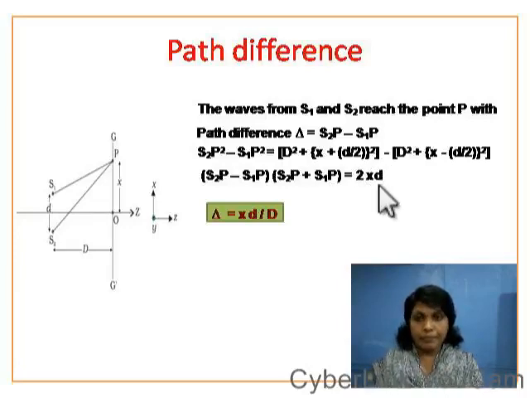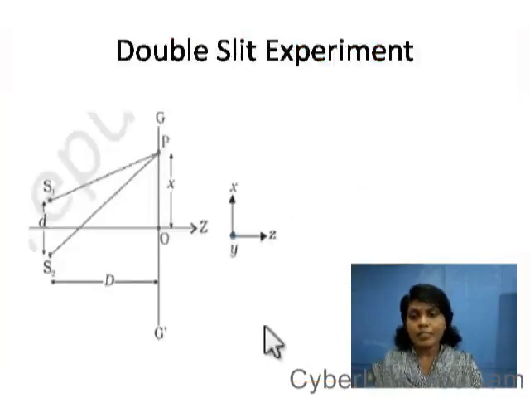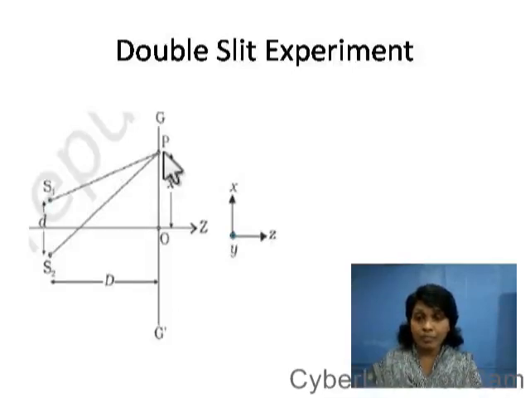And looking at this construction, since this distance S2P, S1P and D are comparable, compared to this distance of the point where you want to find whether it is constructive or destructive interference, this distance is small, very small.